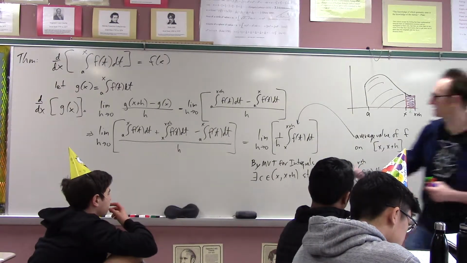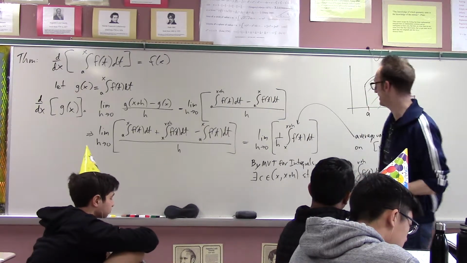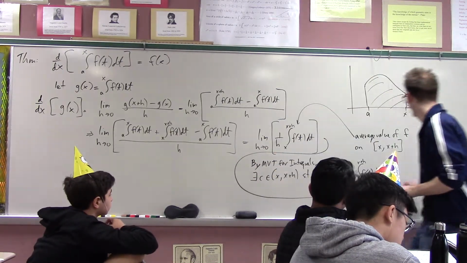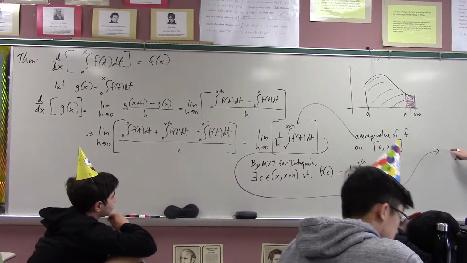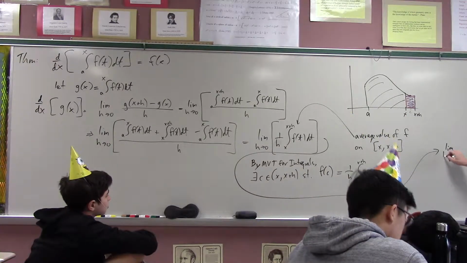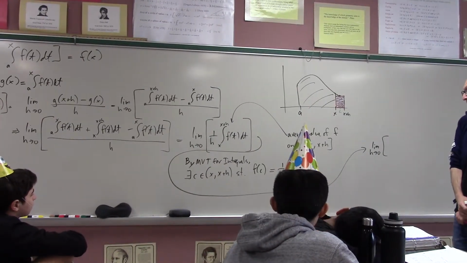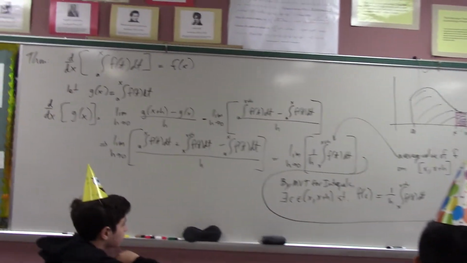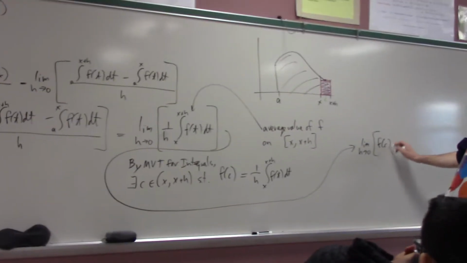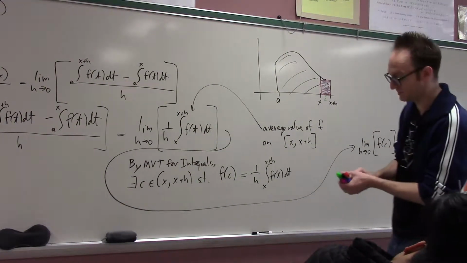Okay, this is getting kind of disorganized, but I can do one final thing, which is to rewrite this as the limit as h goes to 0 of f of c. This is what we just did here, right?